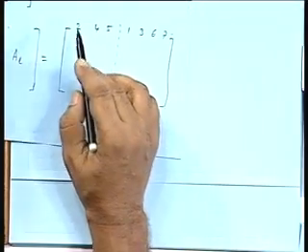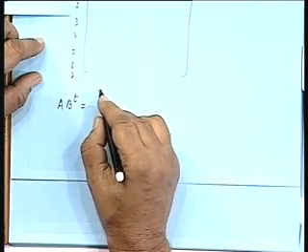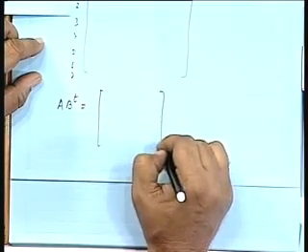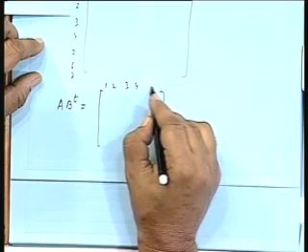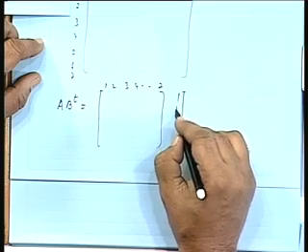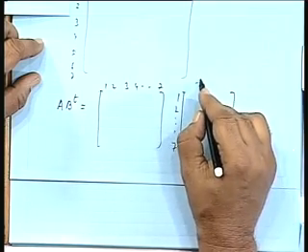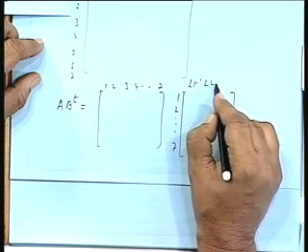What is it? Matrix A into B transpose will look like, see, we will have matrix A, 1, 2, 3, 4, 7 elements here, and B transpose will have 7 elements here, okay, and this side will be loop 1, loop 2, and so on.